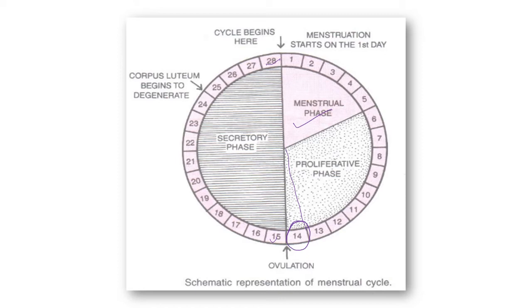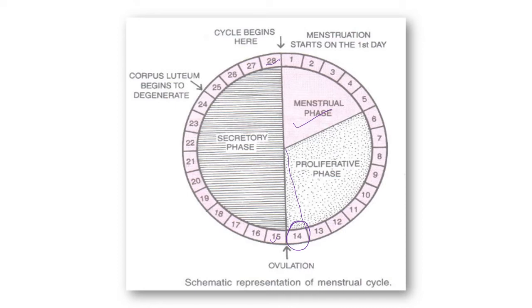That means multiplication of cells, glands, and blood vessels present in the endometrium takes place during the proliferative phase. In the ovulatory phase, ovulation takes place on the 14th day of the menstrual cycle. It happens due to the high level of LH that causes the rupturing of the Graafian follicle.